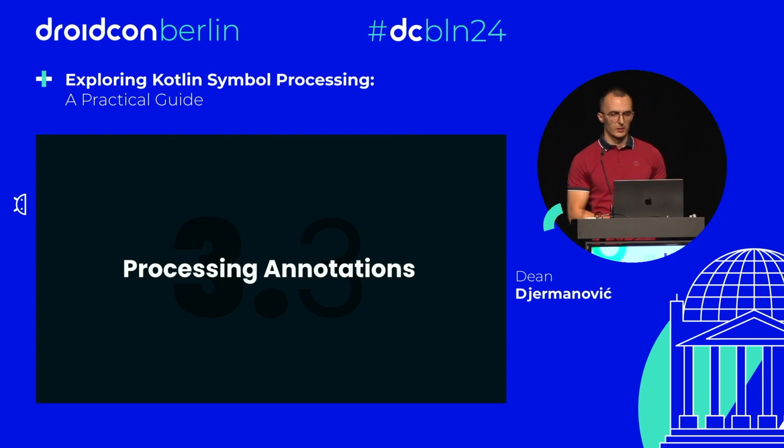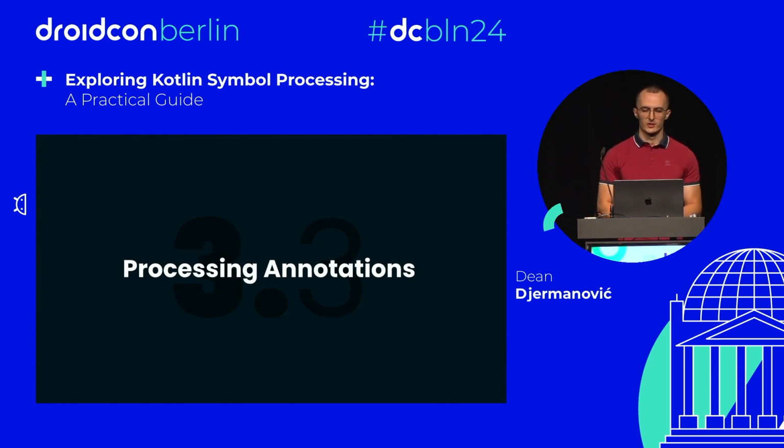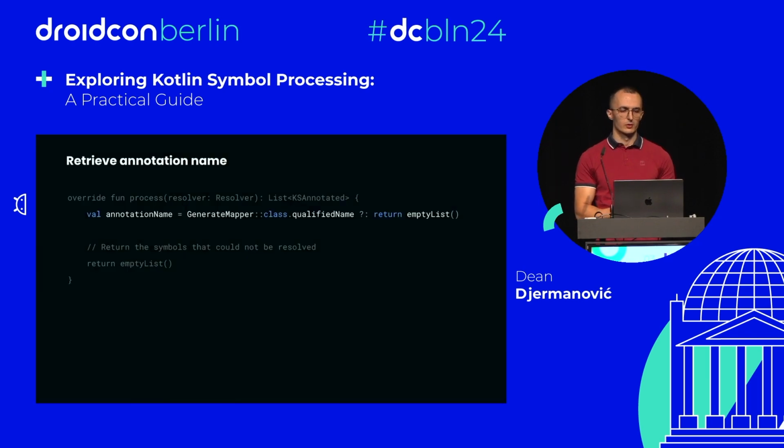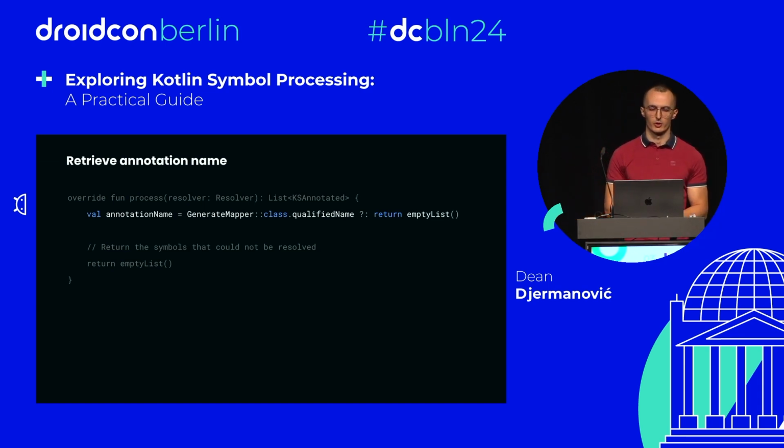So after we've set up KSP, we can start processing annotations. We are going to use our generate mapper annotation to annotate all the model classes that need their mappers automatically created. So first thing we have to do is get access to all of the classes that are annotated with this annotation. The logic for that will live inside the process method of our symbol processor.